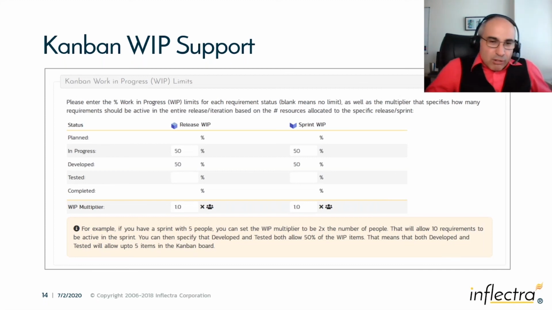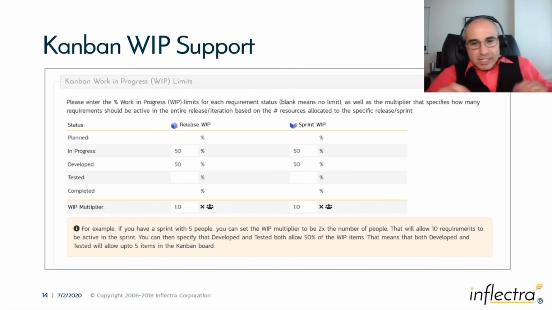And we use this methodology you can see in front of you here to calculate how many are allowed based on the size of the release or size of the sprint. So if you have a 2-person sprint versus a 6-person sprint, the number of story cards allowed in each status will be essentially a multiplier of that. That way, you can have one set of configurations across your entire product, but it still scales dynamically based on the size of the sprint or size of the release.